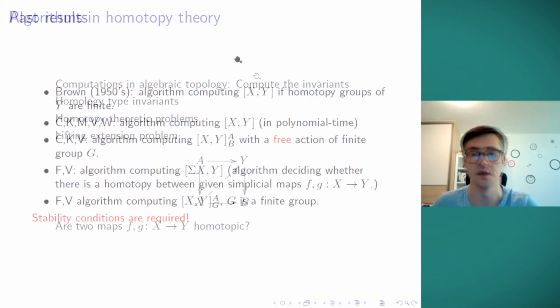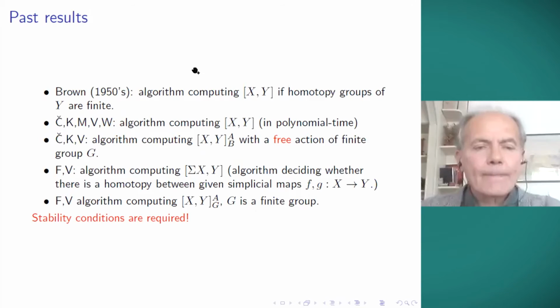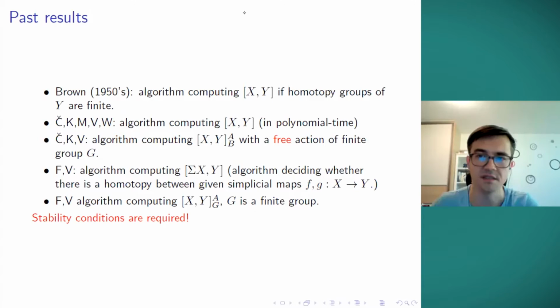So let's move on and go through the past results in this area in general. In the 1950s already, there's a result by Brown, and he presented an algorithm. It had bad complexity, I would say.